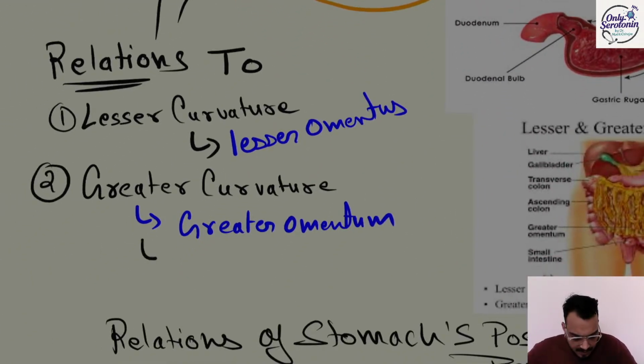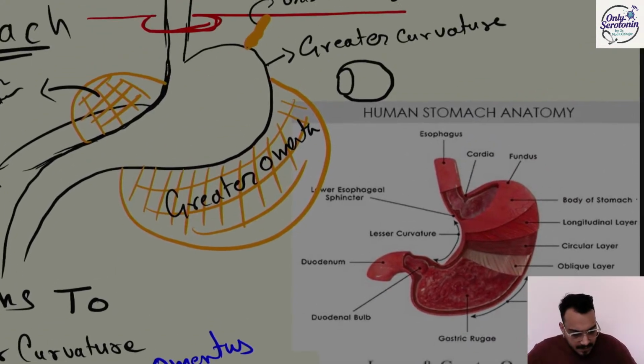So in the greater curvature, I am having one more thing, that is the gastrophrenic ligament. And one more ligament which is present on this side goes from the greater curvature towards the spleen. And this ligament is known as what, guys? This ligament is known as the gastrosplenic ligament.